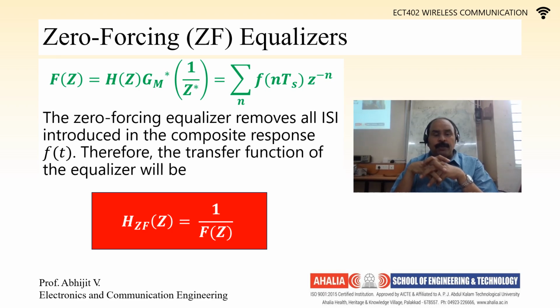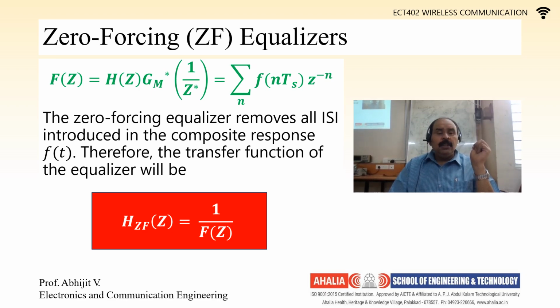ZF stands for zero forcing equalizer. ZF of z is equal to 1 by f of z. With this we are able to prove that a zero forcing equalizer can eliminate all the inter-symbol interference.